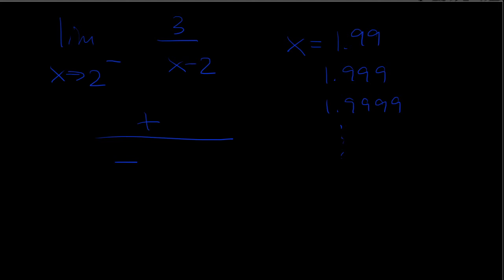So it's getting smaller and smaller the further out you go, and the closer you get to 2. So this will be a small number. Right? And a positive divided by negative is a negative, and a number divided by a really small number will just be infinity. So my limit here is negative infinity.